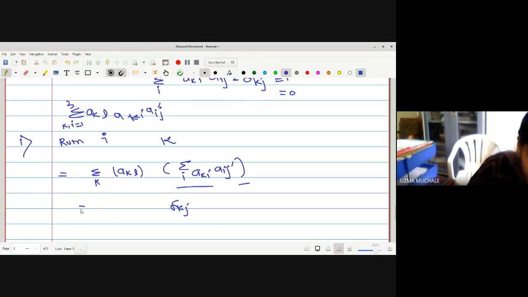This as it is, summation over k, akl. Again, if I run the summation over k, what will happen? Somewhere k will be equal to l. So what will happen for this term? It will be all. This will be delta lj.